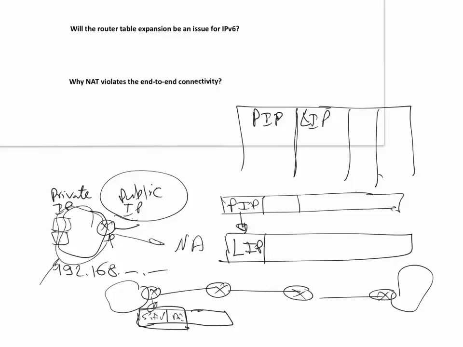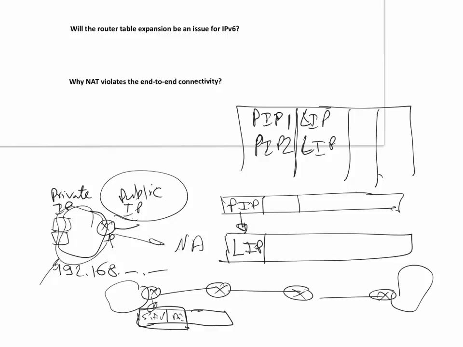Now I have to store the fact that private IP address 1 and private IP address 2 are sending, and the router will say I have to change those two private IP addresses into the public IP, which is only one. So now on the way back, should I send it here or here? It's a many-to-one relationship. That's why it's not that easy.